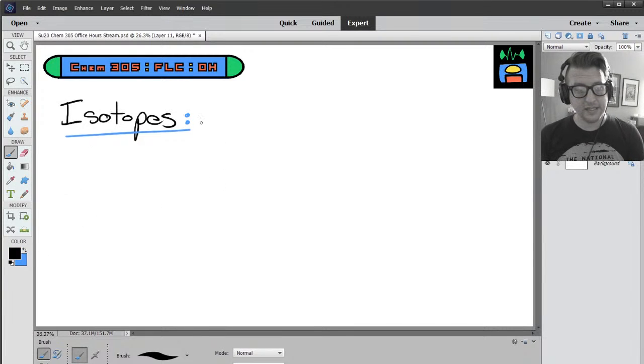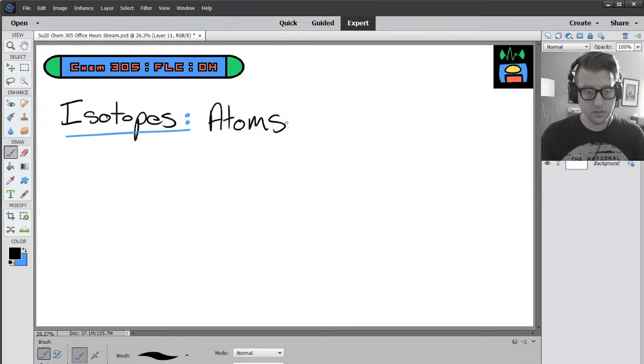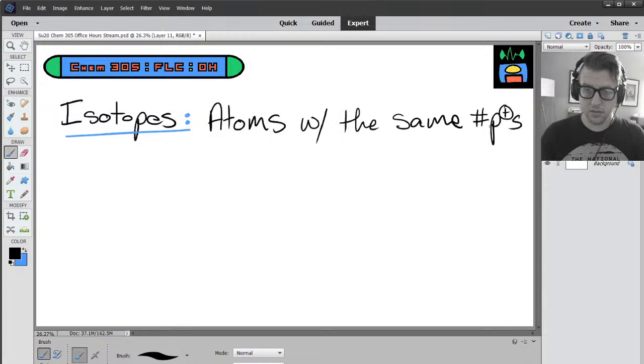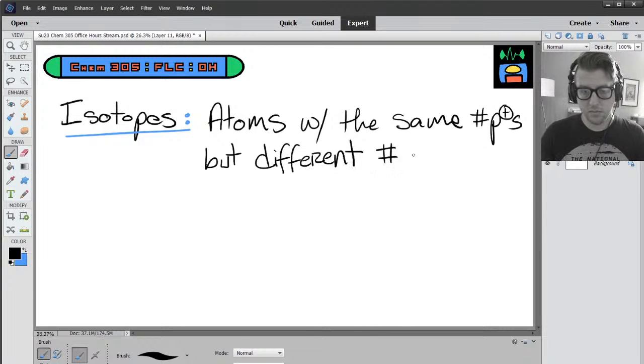Isotopes are atoms with the same number of protons but different numbers of neutrons.